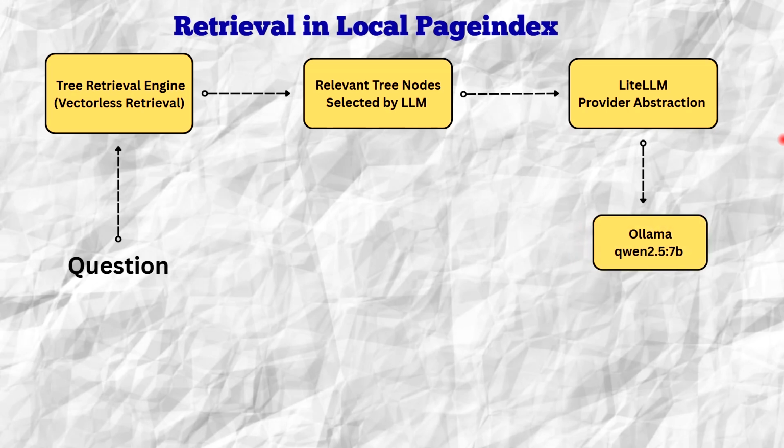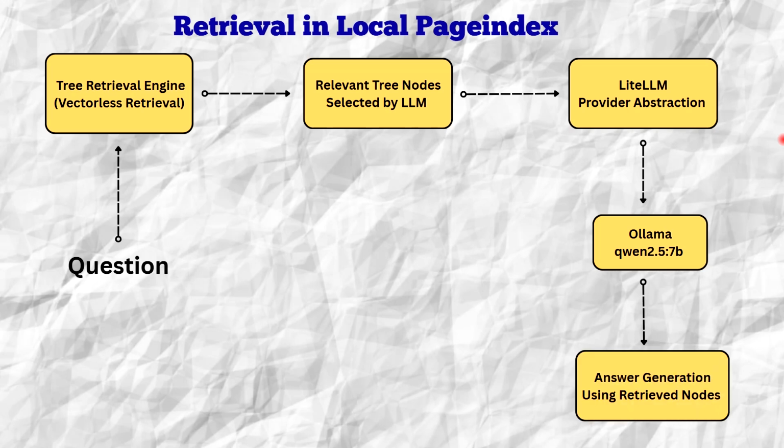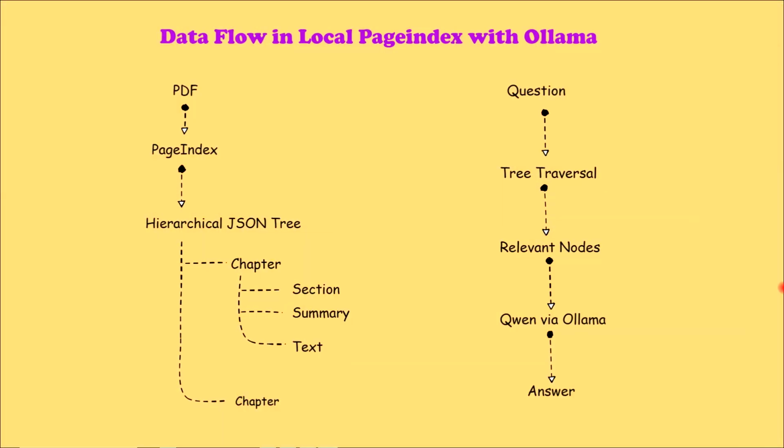In our case, it's Qwen2.5. And then the local LLM generates the answer and provides it to the user as the response. This would be the data flow in local page index with Ollama.